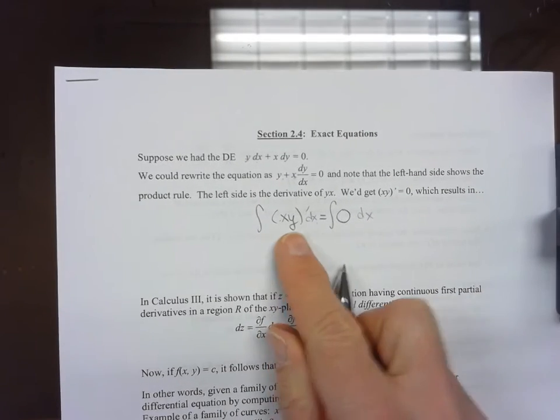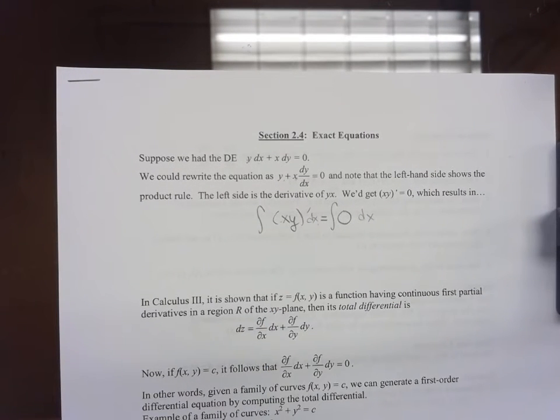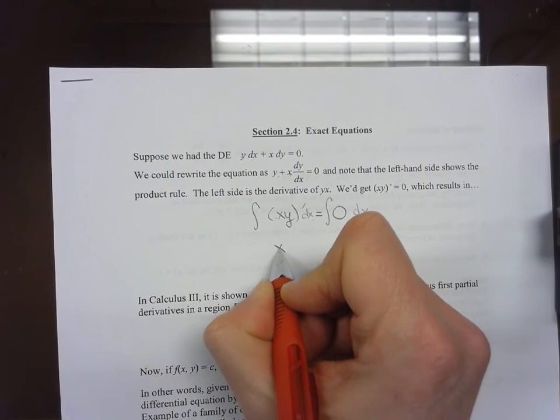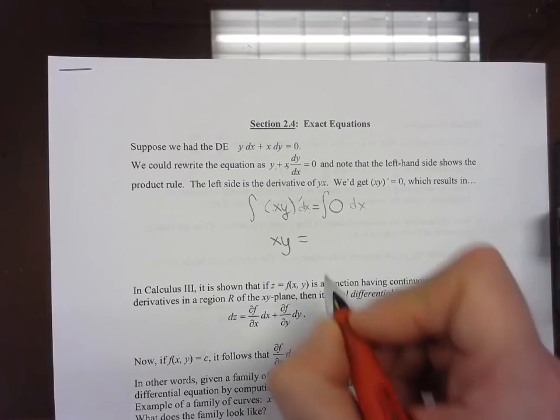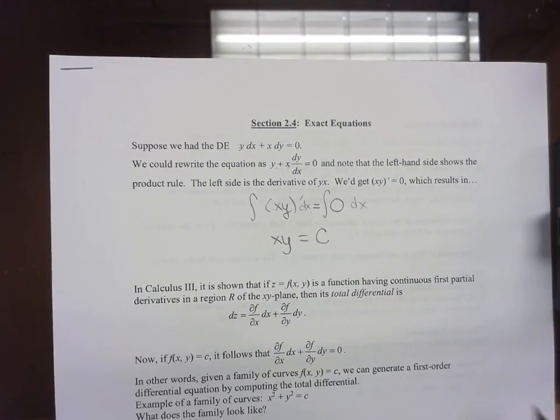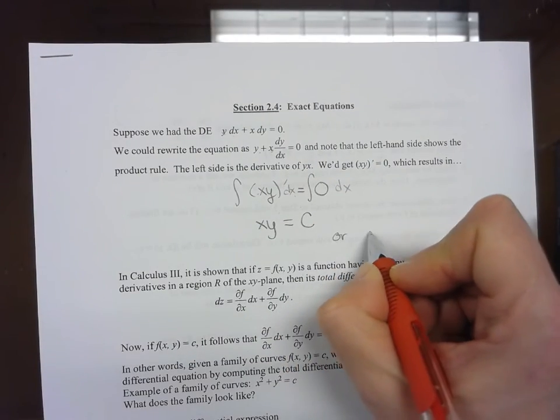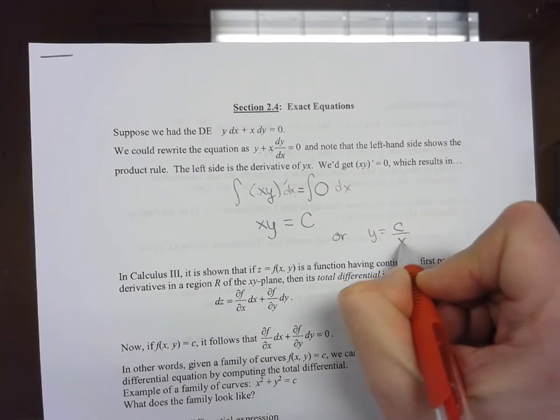What do we get on the left-hand side? xy. And on the right-hand side? A constant. Or y equals c over x is fine too. Either of those.